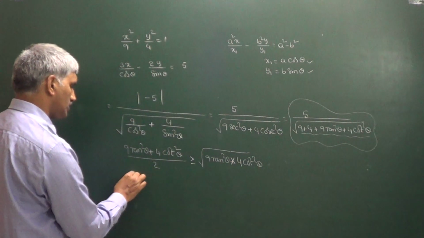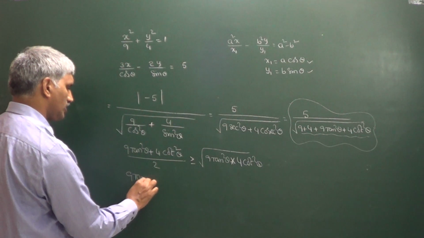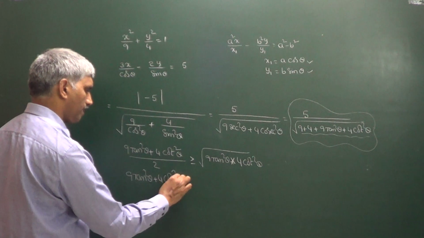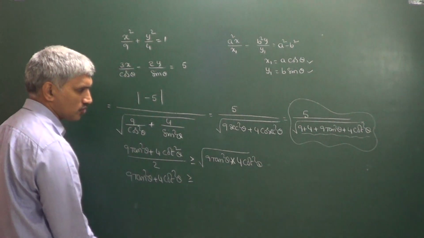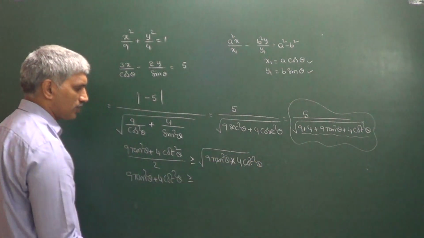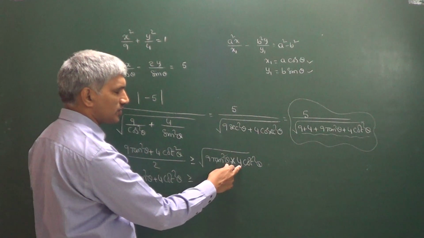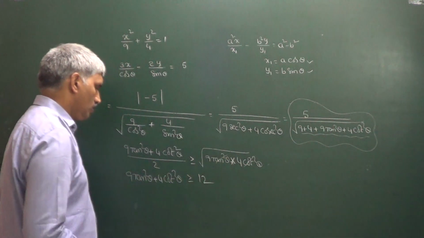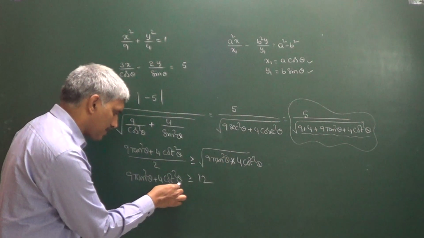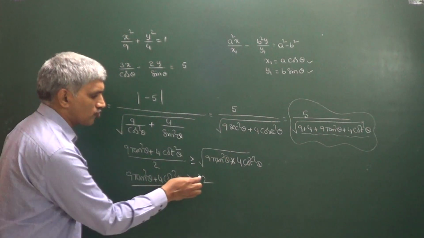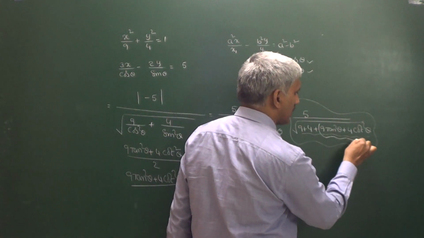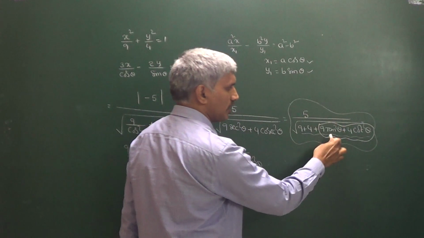So 9 tan square theta plus 4 cot square theta is greater than or equal to 2 times root of, tan square theta and cot square theta cancel, 9 fours are 36, 36 under root is 6, 6 twos are 12. So I can say its minimum value is equal to 12.